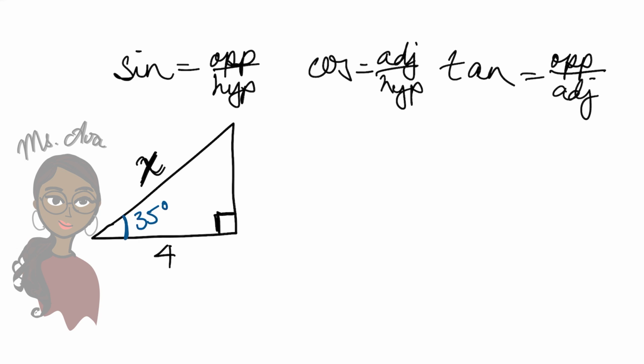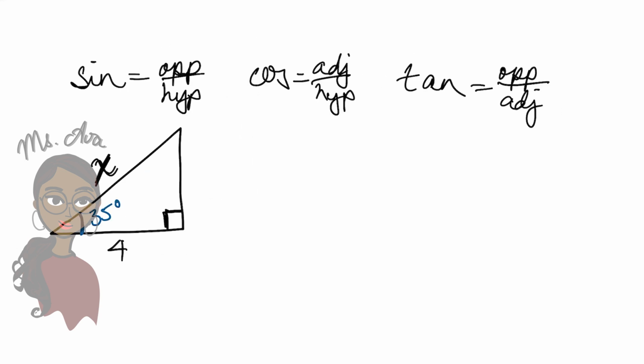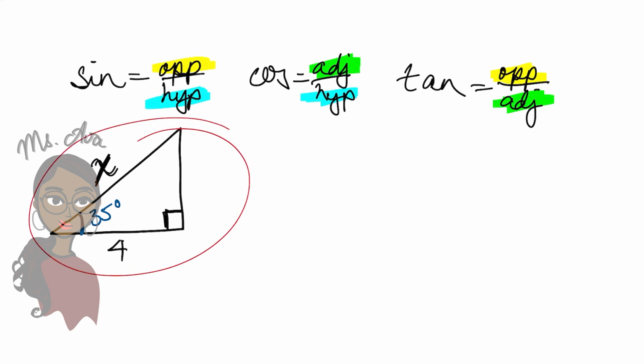So let's look at what that means exactly. Basically, when you have this sort of situation, there are these 3 different labels: opposite, hypotenuse, and adjacent. And we want to label all the sides with those 3 titles.